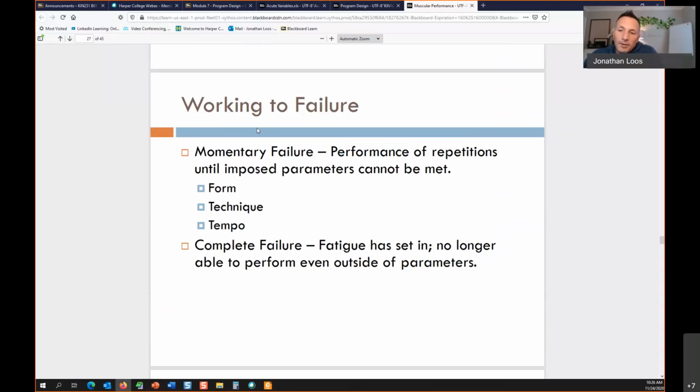What I want to point out here is this concept of working to failure, and that's what's implied when you look at those prescription ranges. If I say 10 RM, it doesn't mean just do 10 reps when you really could have done 15 and stopped at 10, or I told you to do 10 but you only knocked out 6.